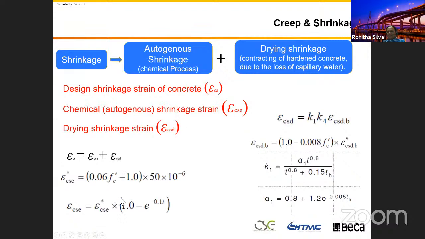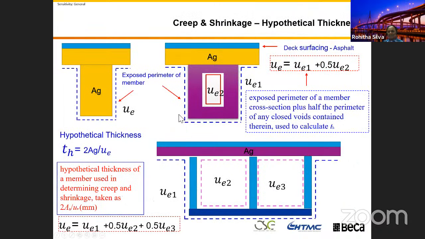You can see it's time dependent, strength dependent, and hypothetical thickness dependent. Hypothetical thickness describes the exposed environment your concrete surface is exposed to, compared against the size of the element.